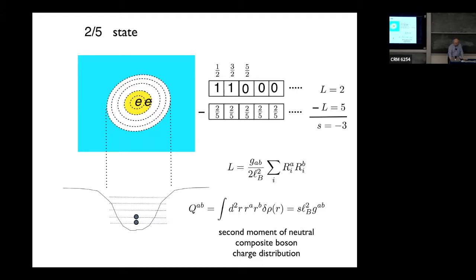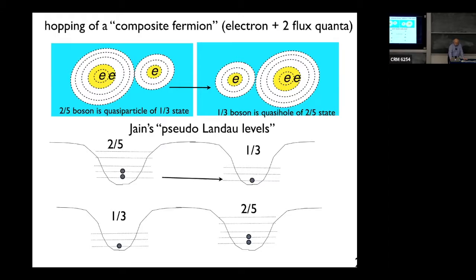Okay, and that was the picture of how electron transport happens in a doped Laughlin loop. The simple message is that the quasi-particles and the quasi-holes of a fluid are just composite bosons of either a parent or daughter fluid. In some sense it's like doping a crystal.